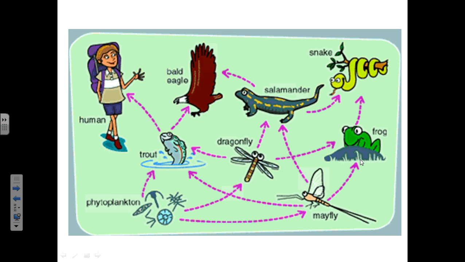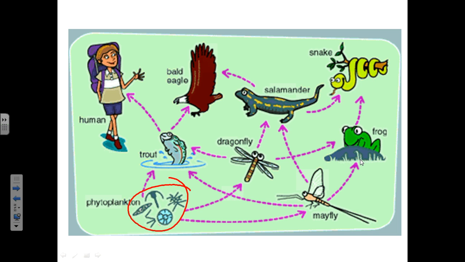So we always want to start at the bottom of our food chain. The kinds of things at the bottom are always going to be what we call the producers, right? The things that can do what? Photosynthesis. So in this picture, the only thing that can do photosynthesis are these guys. Plankton, algae kinds of things.